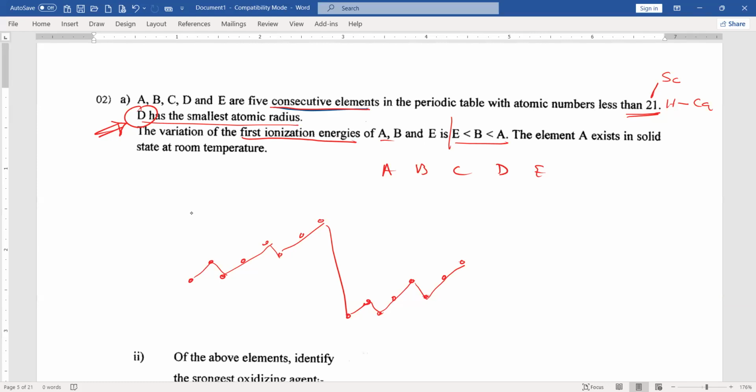But the ionization energy of A is the highest or the biggest. And D has the smallest size. A is the highest and D has the smallest size. So D may be this. Ionization highest means maybe this. D is the smallest atom. Smallest atomic radius means smallest.